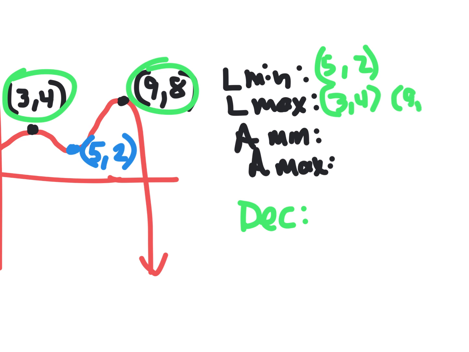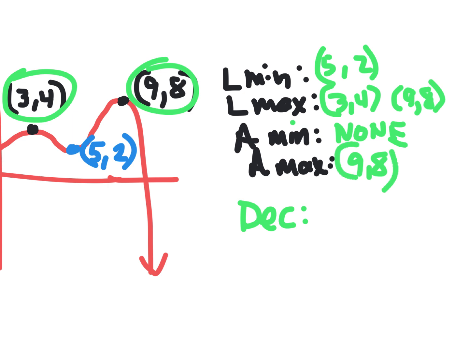Don't try to burn me with that, because it's only on intervals, not when you're listing points. 3, 4 and 9, 8. I could put a comma between them, but I don't have to. Absolute minimum, the lowest of them all: there is no absolute minimum, or none. And the absolute maximum, the highest of them all, 9, 8.